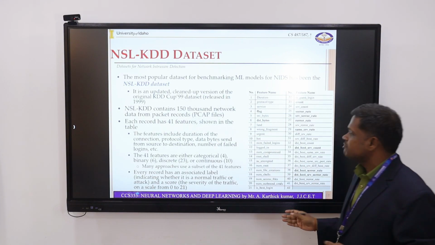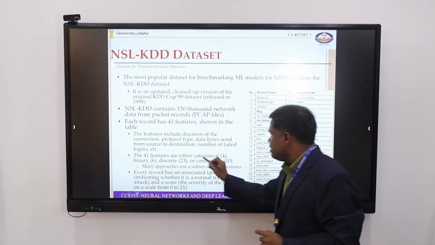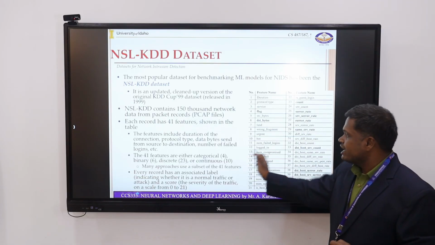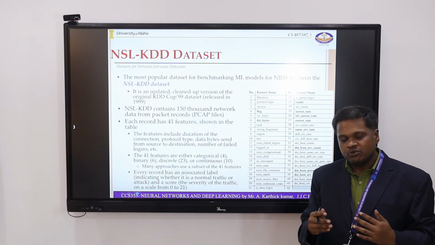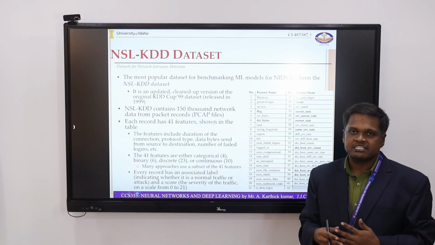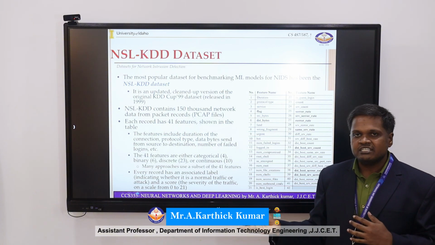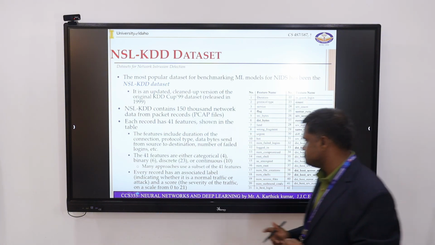Among the 41 features, there are 4 categorical, 6 binary, 26 discrete and 10 continuous. Based on feature extraction techniques, you can use many algorithms to extract all the useful features, design the deep learning models and predict the cybersecurity attacks.